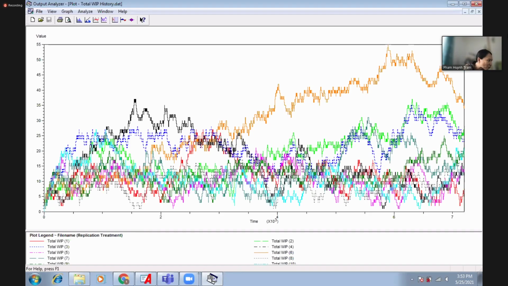You see this one, a lot of fluctuations before 2000 minutes. Around that time, a lot of fluctuation around the 2000 minutes, and then it seems to be stable.